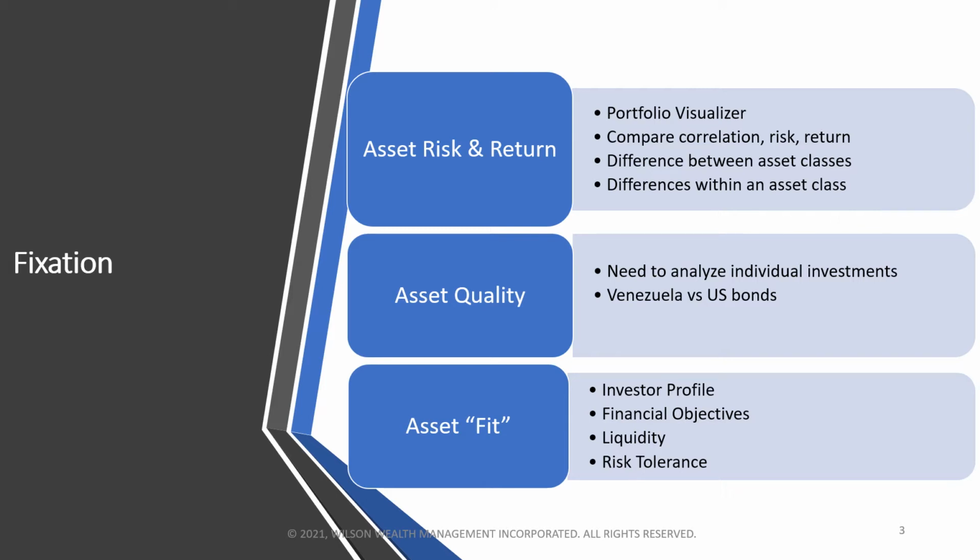You'll also see that there's differences between the asset classes, and there's differences within the asset classes. So if we look at, again, just the asset classes in general right now, we see that there's currently a negative correlation between fixed income, US bonds and T-bills, to US equities. That's good.